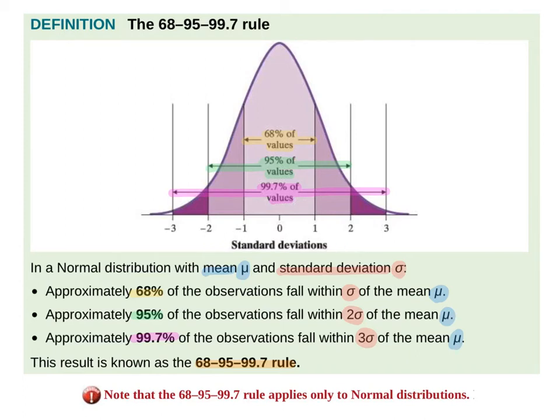So from here to here. And approximately almost 100%, but not quite, 99.7% of the observations will fall within 3 standard deviations of the mean. Of course, it's known as the 68, 95, 99.7 rule. Also, note that this rule only applies to normal distributions. I know. Can't have it all the time.